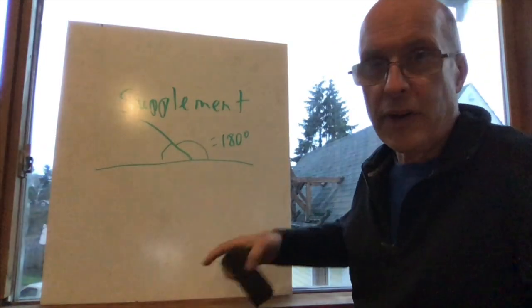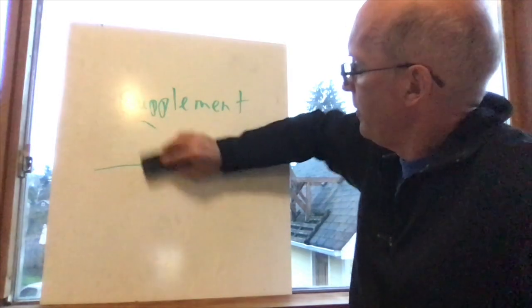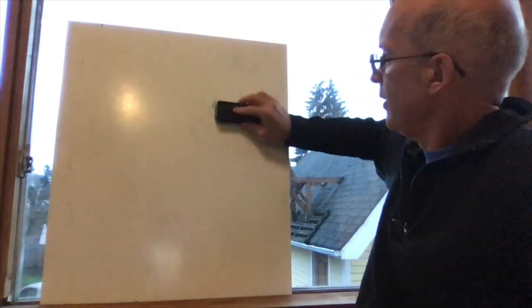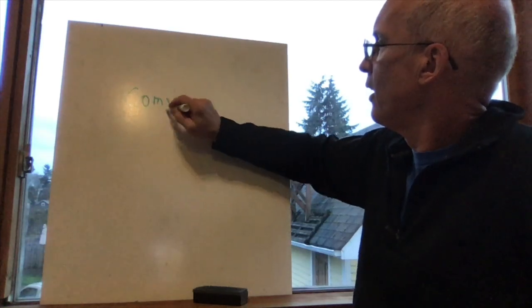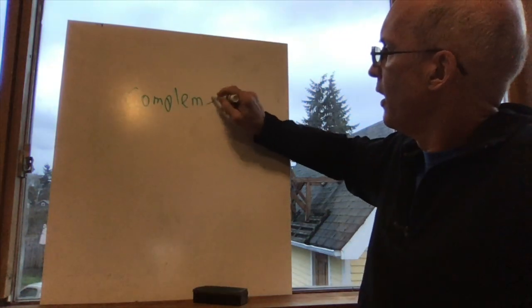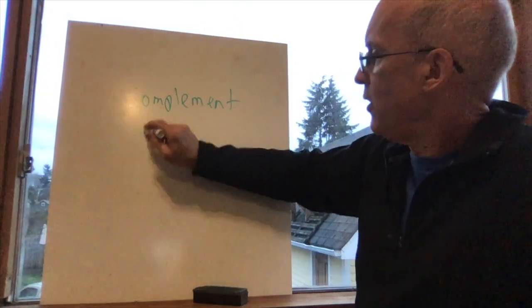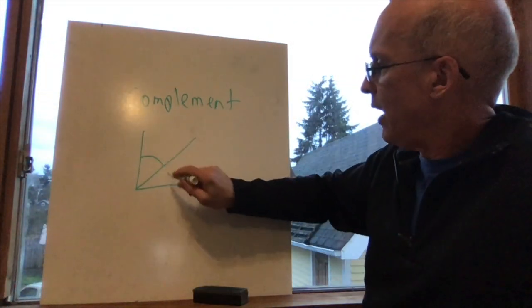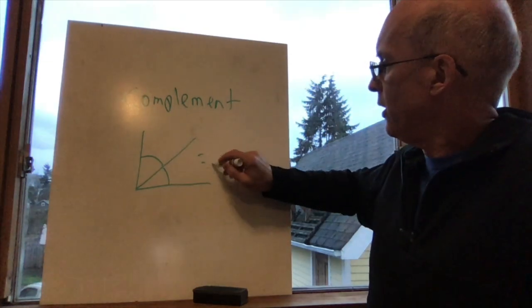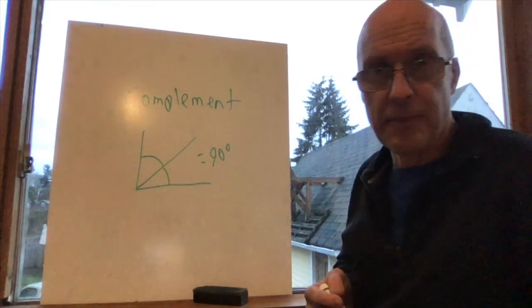I bet you can guess what the complement theorem is. It just says that if you have two angles that make up a right angle, then the measure of that angle plus the measure of that angle equals 90 degrees.